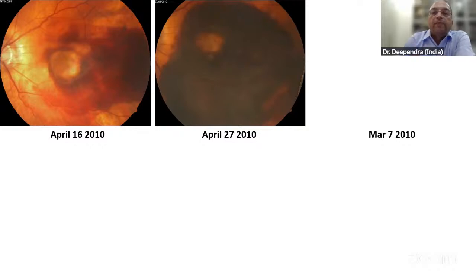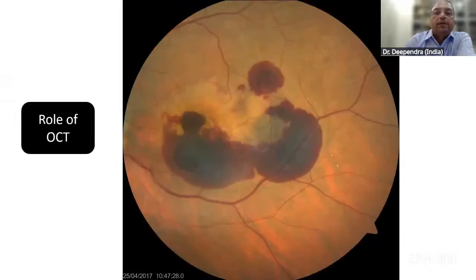At that point, I don't have the videos for this patient, but we used subretinal TPA. I shared this case to show that this bleeding can happen multiple times also. So what works well for primary hemorrhage will work for secondary hemorrhage also. You can still go ahead with gas.